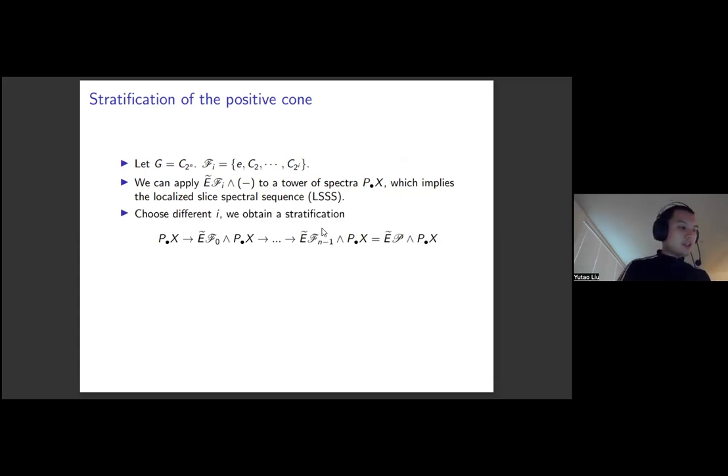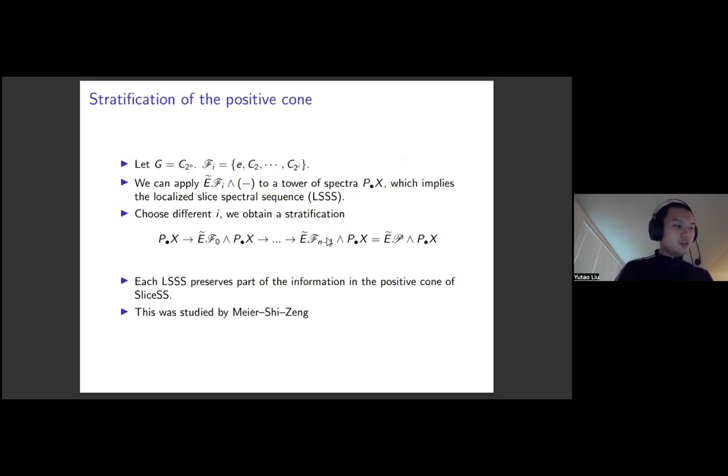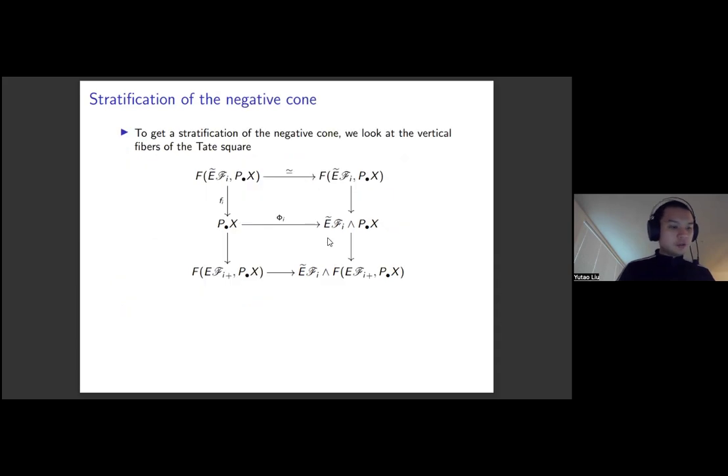Choosing different i, you can obtain a stratification of the towers, since you have maps among different tilde EF. Then each localized slice spectral sequence preserves part of the information in the positive cone of the slice spectral sequence. This theory was studied by Meier-Shi-Zeng before. On the negative cone, we have a similar but slightly more complicated story.